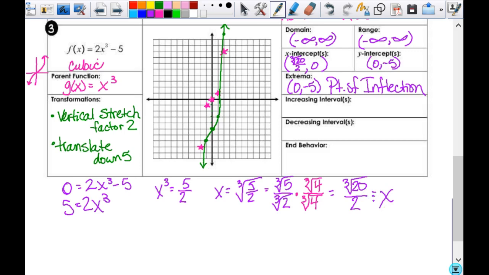Yes, the whole thing, right? So negative infinity to infinity. Is it decreasing anywhere? No. So there's none. Then my end behavior: as x approaches infinity, y approaches infinity, and as x approaches negative infinity, y approaches negative infinity.